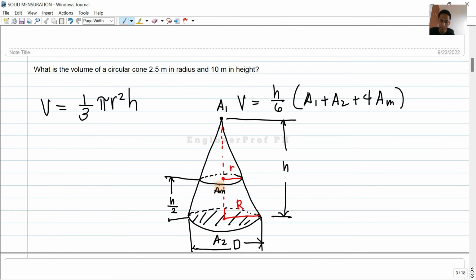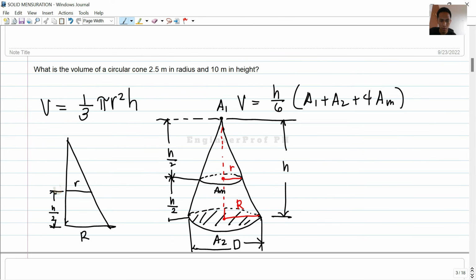So in this case, pwede tayong gumamit ng ratio and proportion to compute for the relationship. So this is also h over 2 papunta doon sa top ng ating cone. So pwede mong i-drawing yung figure like this. Okay, this is R here. This is small letter r for the midsection. And we have here h over 2.